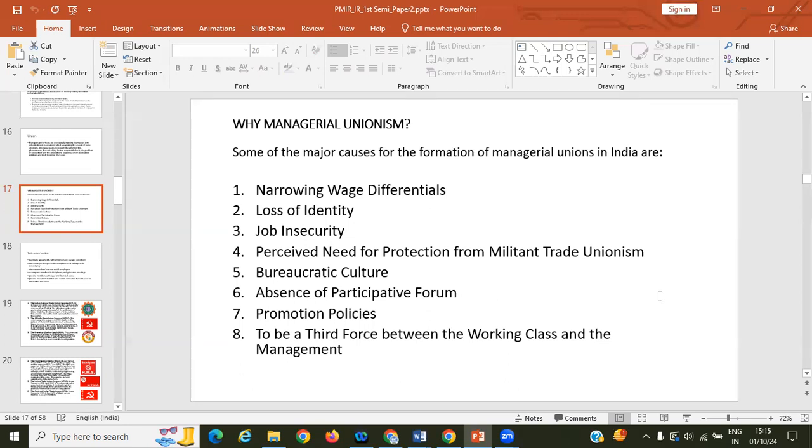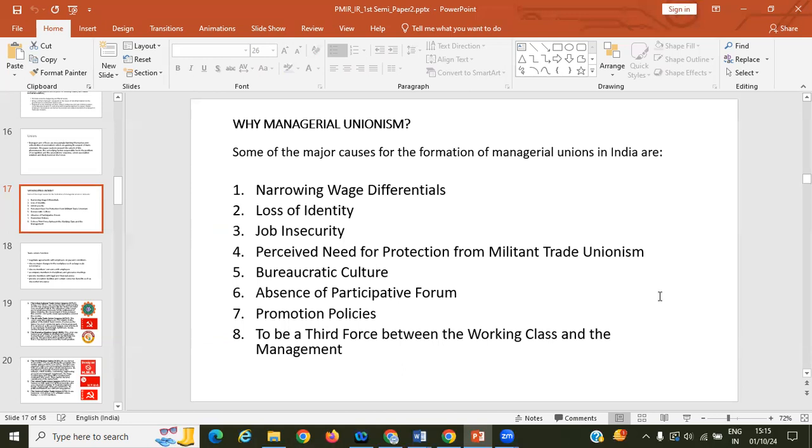So management is actually forming the union and getting the benefits to help themselves get an identity, get different problems sorted out by the top officials and higher authority, and to feel more secure.